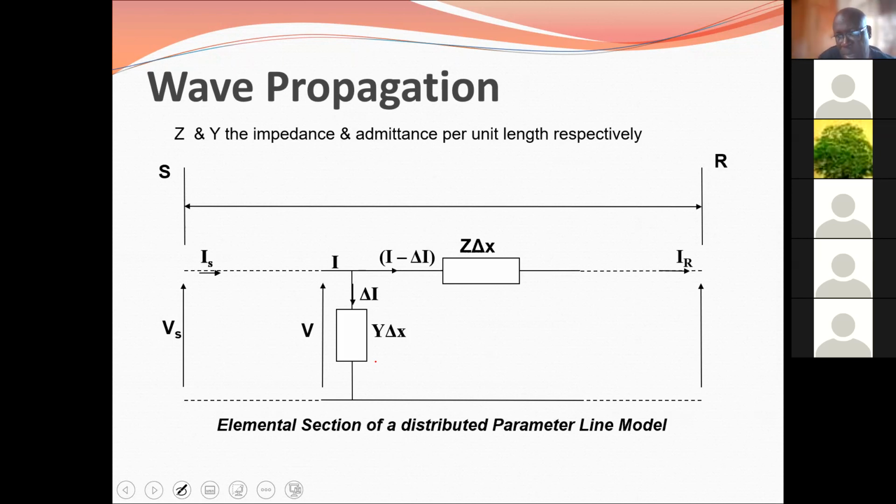Now we know what waves are. We have looked at waves from A-level physics, so we know that a wave, as it travels along, if it meets another medium, moving from one medium to the next, you're going to have a number of things happening.